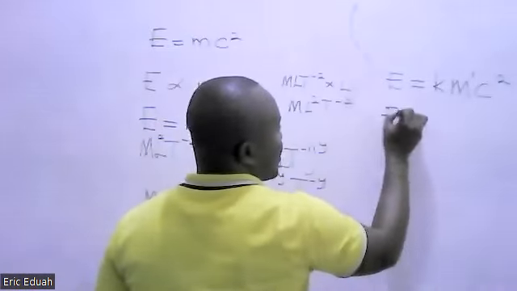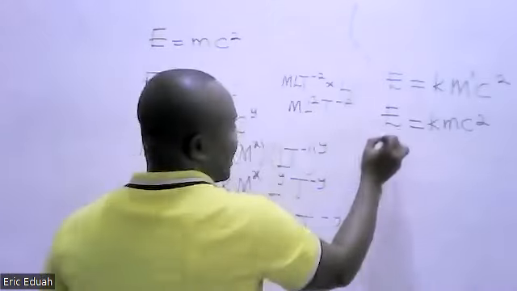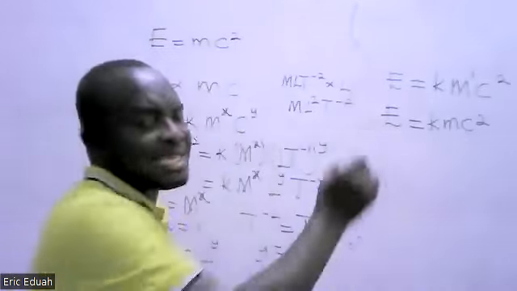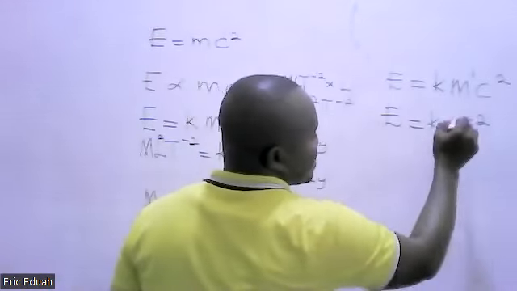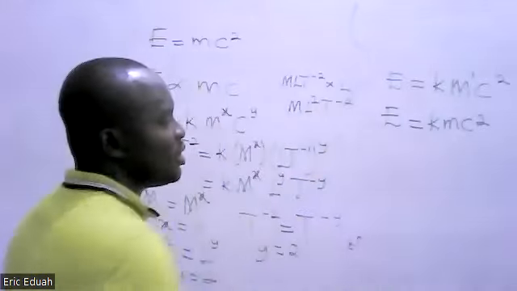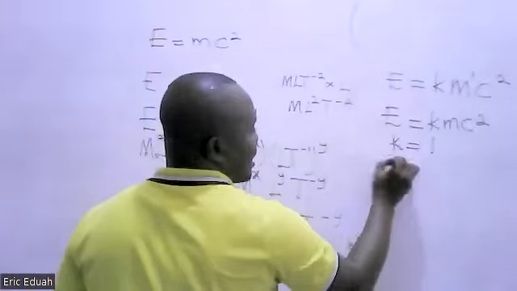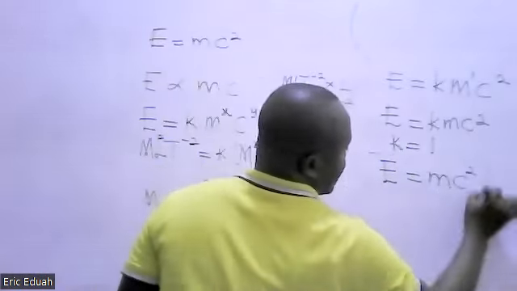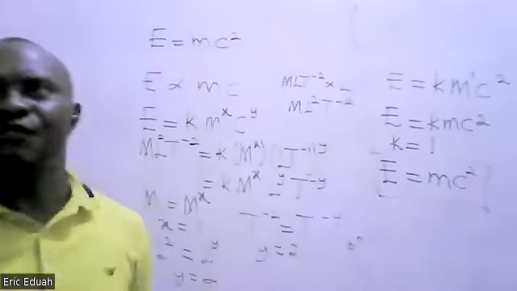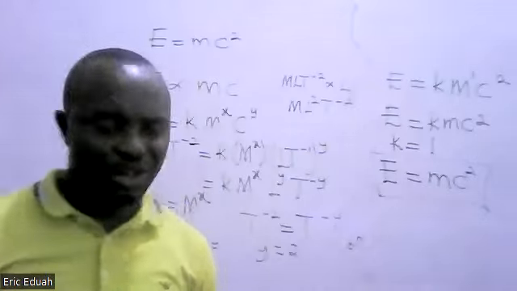When we put them together, we have KMC squared. When you consider the SI units of energy and mass, you have the constant of proportionality to be equal to 1. Therefore, E is equal to MC squared, giving us the famous Einstein mass energy equation.